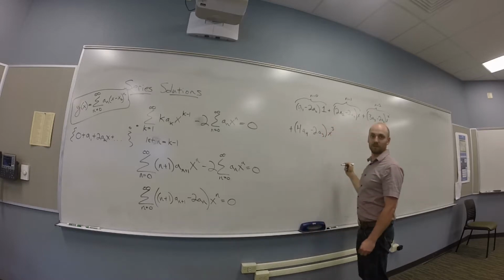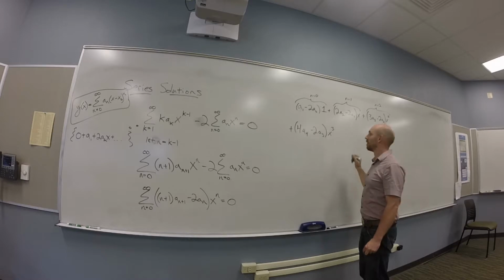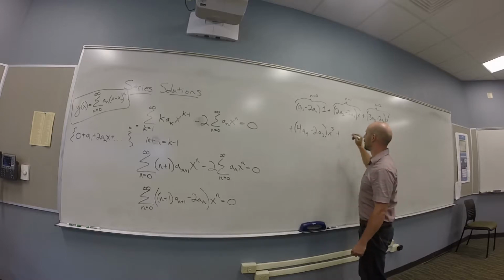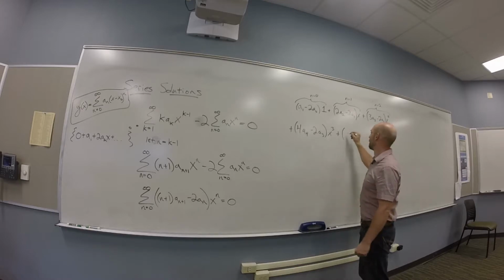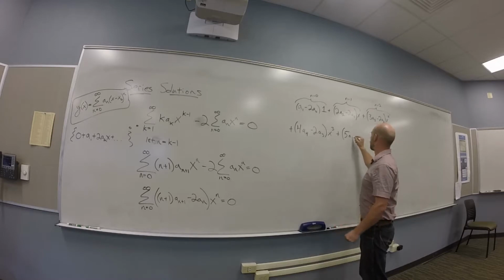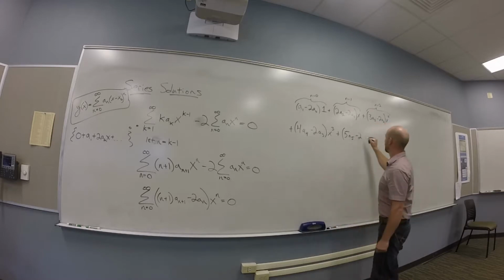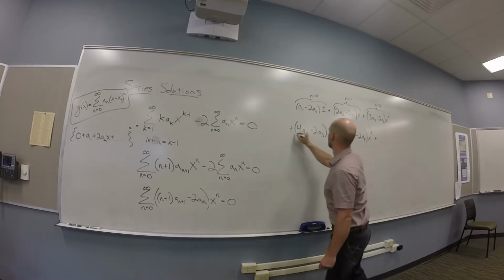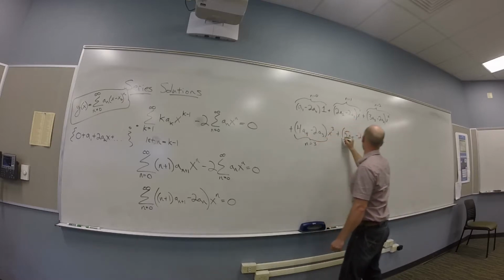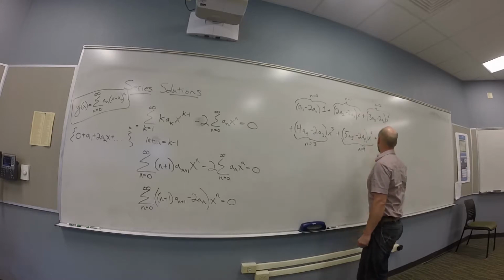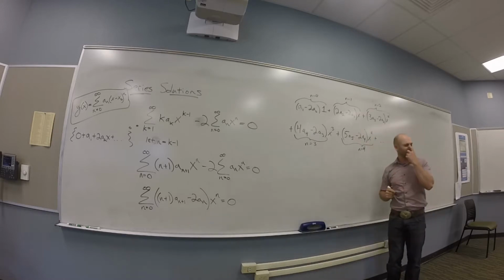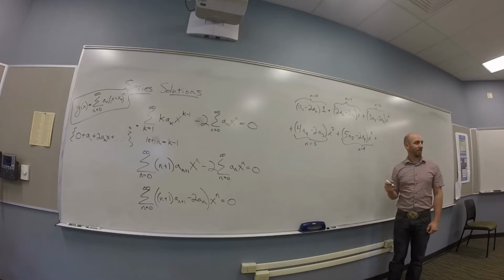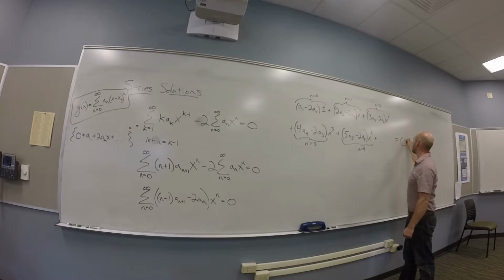You guys all kind of with me? And then I promise this is the last one I'm going to do. So that's going to be 5a5 minus 2a4 x to the fourth plus some more stuff, right? So that was my n is 3, this was n is 4, and so forth. And on the other side, what do you have? 0, right? So all this junk added together is supposed to be 0.